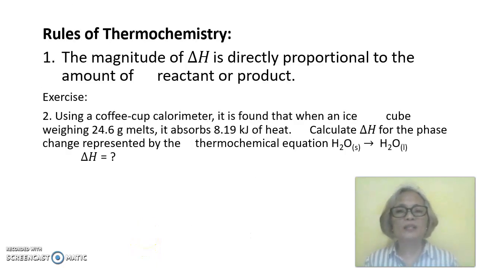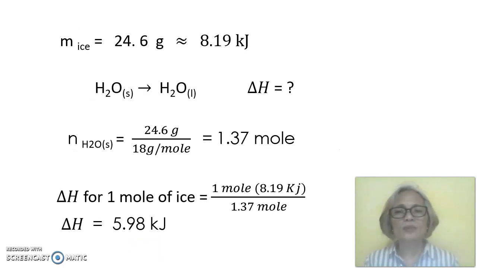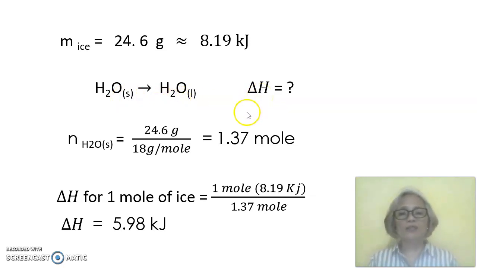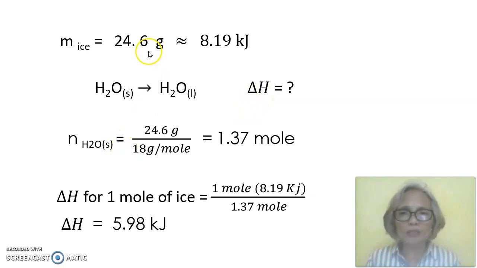We have another example, using a coffee cup calorimeter. Ice, 24.6 grams, is equivalent to 8.19 kilojoules. This is a phase change, solid water, ice, into liquid water. What is the delta H involved? Note that 24.6 grams is equivalent to 1.37 moles.